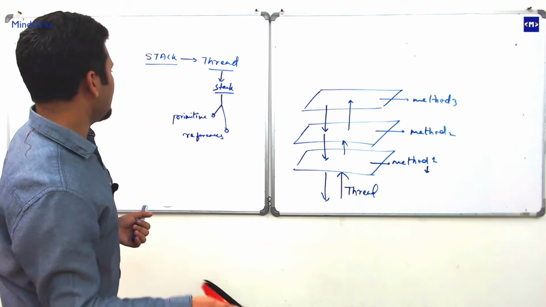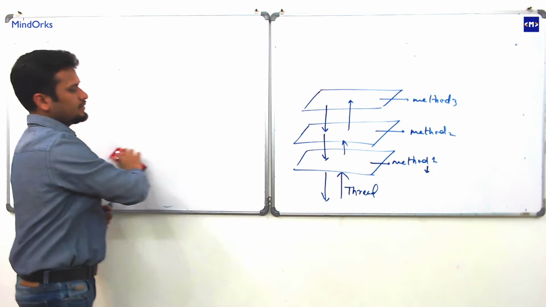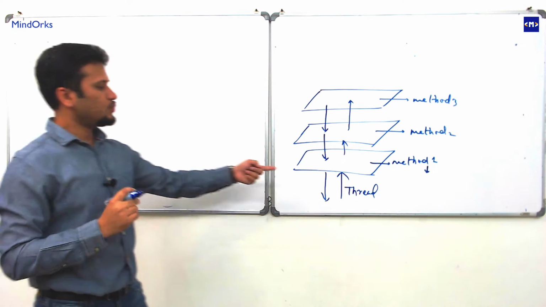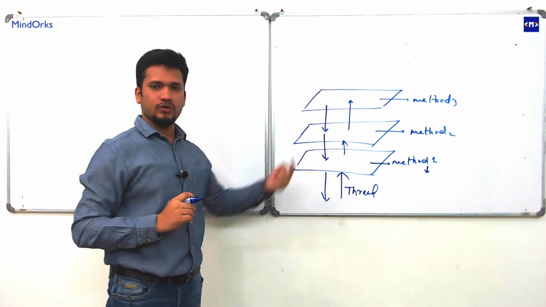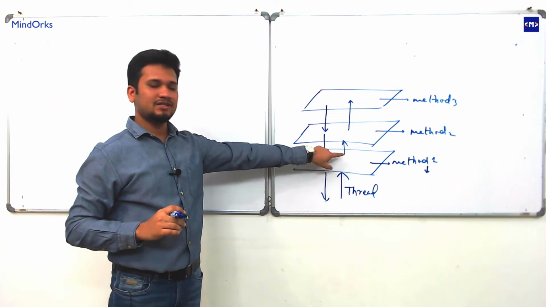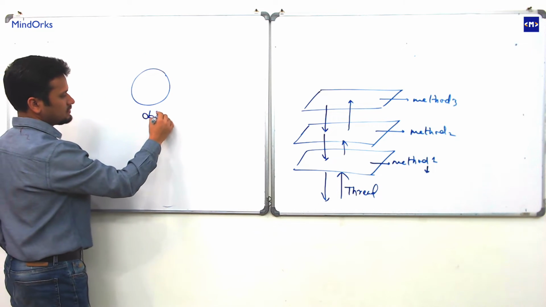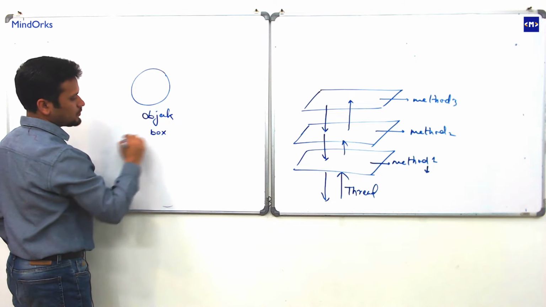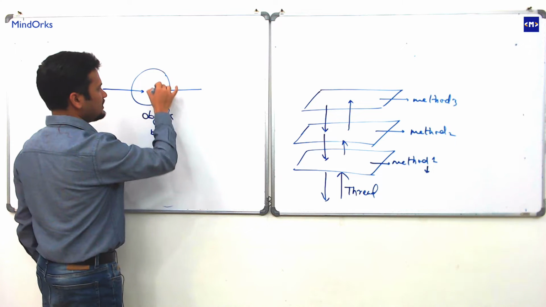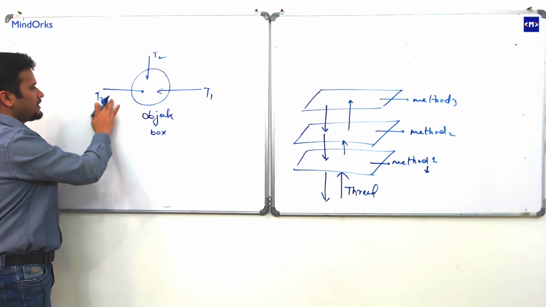But before that, I will give you one more thing to picture. This was one thread calling methods. I want you to remember this, because I will ask you a question based on it. Suppose this is an object, for example the box that you created. This box can be accessed by any thread at the same time.